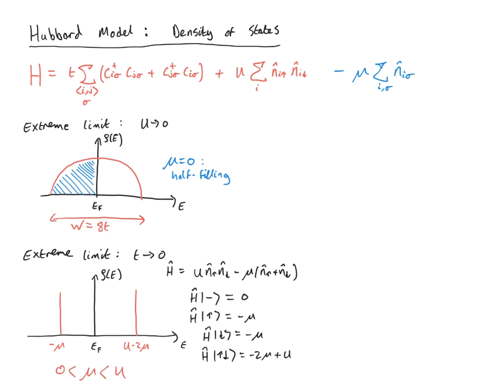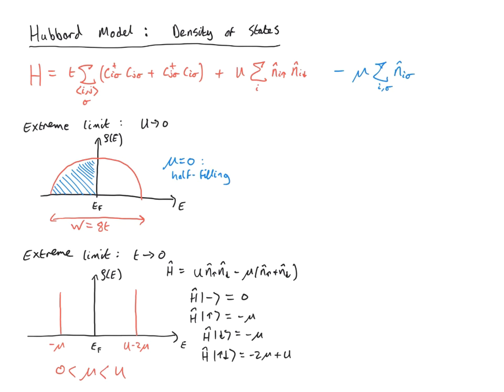the extreme atomic limit scenario where the tunneling between sites goes to zero. I could imagine switching on a very small finite tunneling between orbitals, but keeping the U as the largest energy scale in the problem by far. And what will happen then is these poles in the density become broadened.